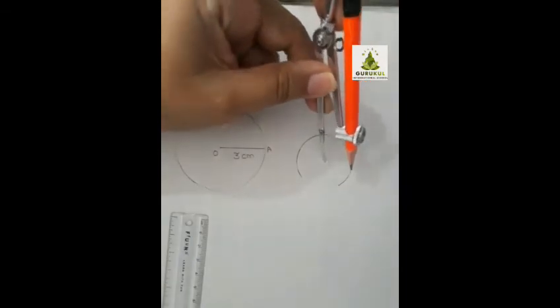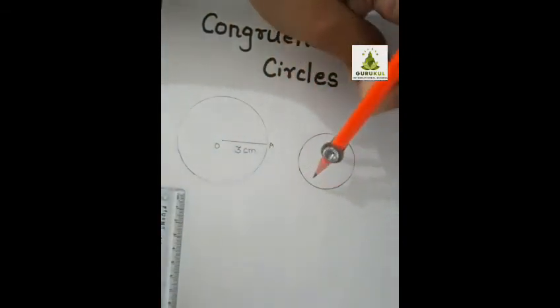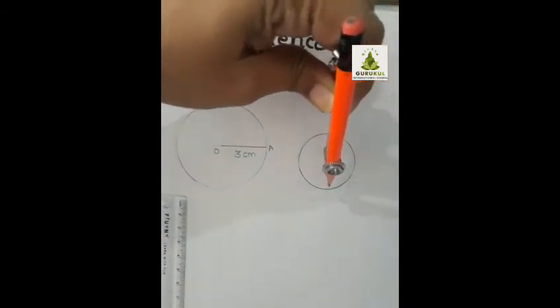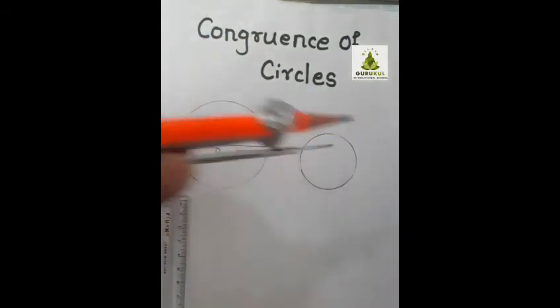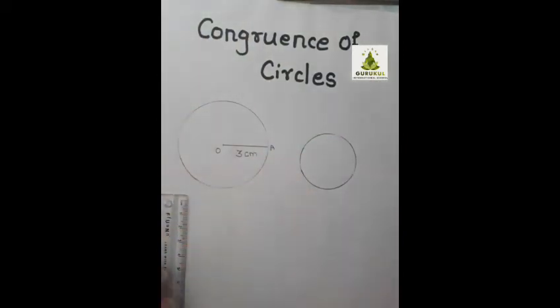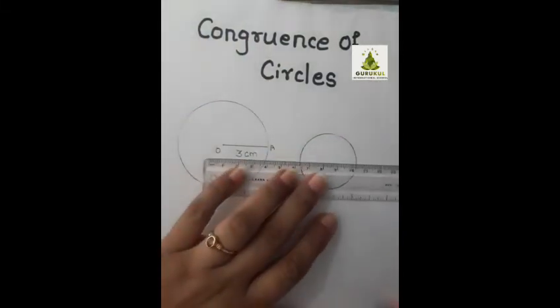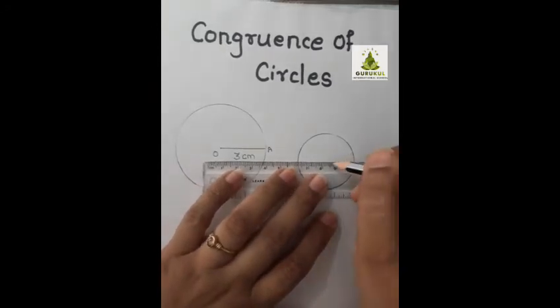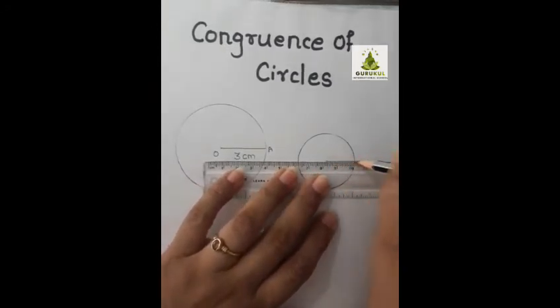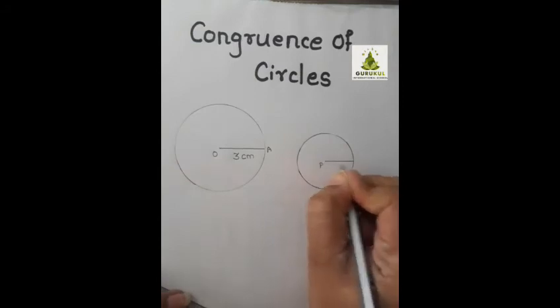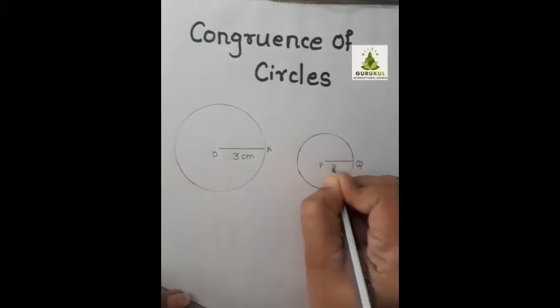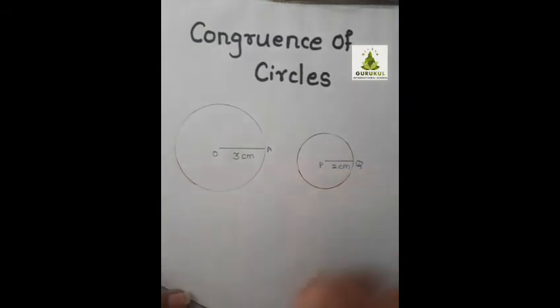Now students, once you place the compass, you are not supposed to lift it up, but since it should be visible in the video, I am lifting it in between. You are not supposed to lift the compass. The second circle I have drawn with the radius 2 centimeters.